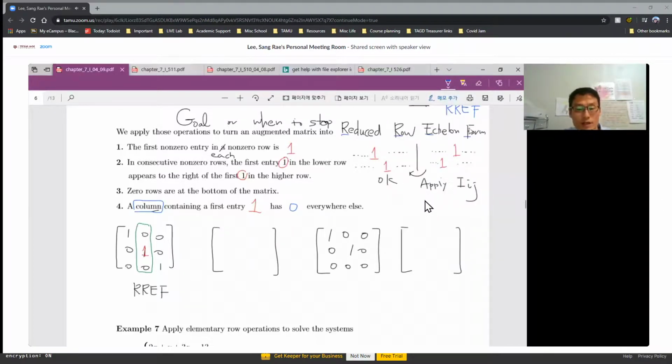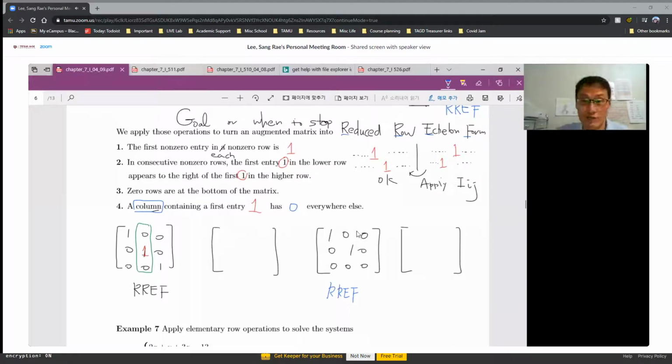What do you think? Does it satisfy all 4 conditions? Yes, it's RREF. Condition number 1, in each row, the first non-zero entry is 1. The bottom row is just a 0 row. And in each column, once you have a bloody 1, everything else is 0.